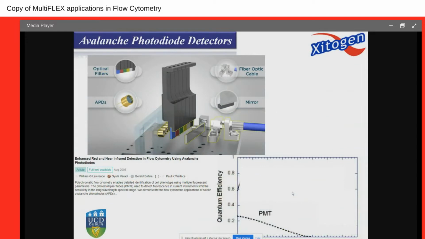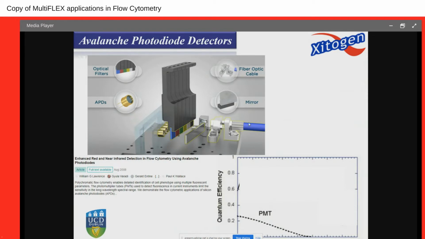And one of the biggest advantages is that, rather than using photomultipliers, they're using a new generation, which is the avalanche photodiode system, so APDs, which are here. These are, as you can see, very small, and they were located in the back of all these mirrors that we have here.